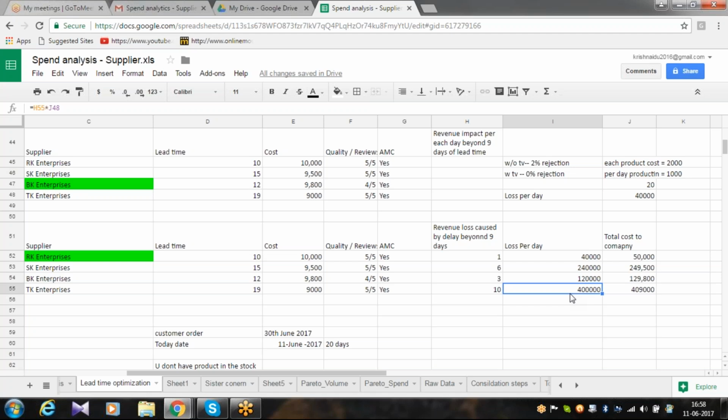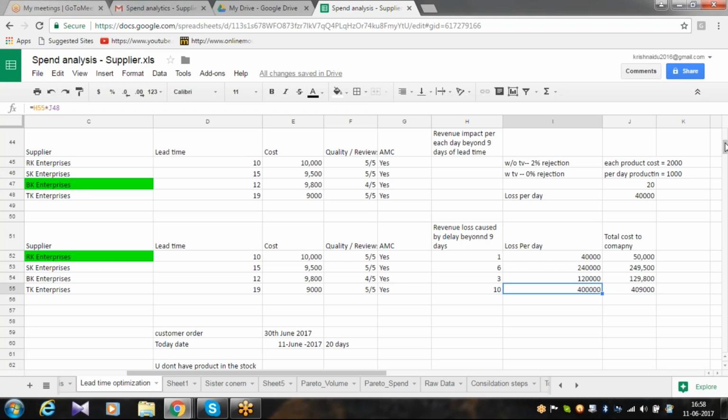In most companies, buyers don't analyze this impact, right? Because if they're buying the product on the basis of cost, they are in fact creating more problems for the company, because the organization will have more impact on the financial aspect.